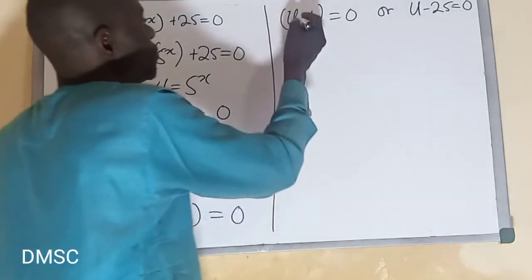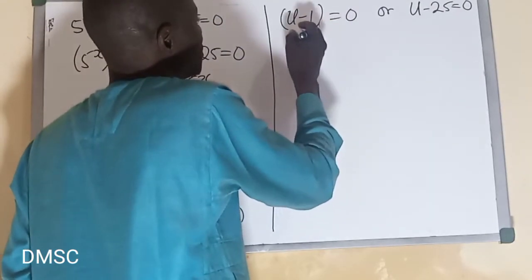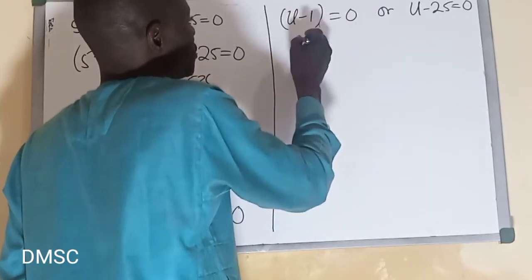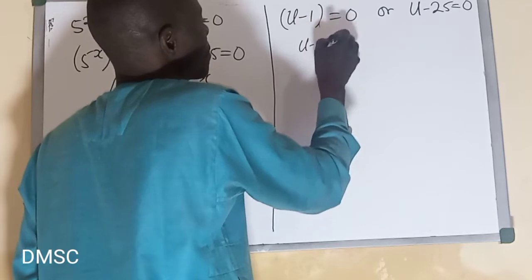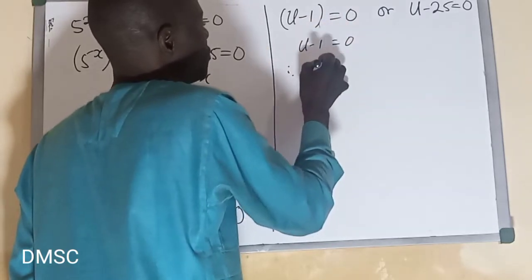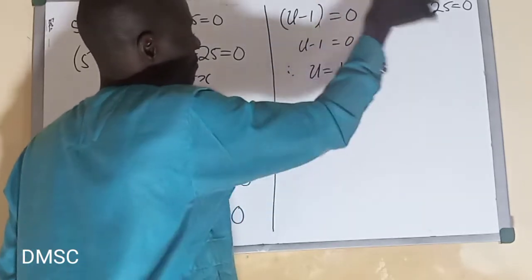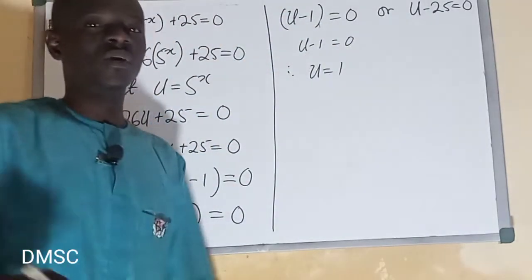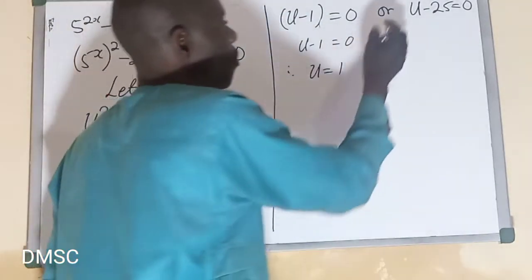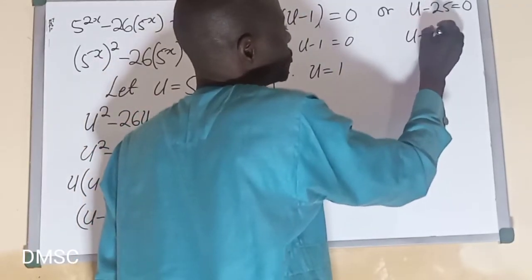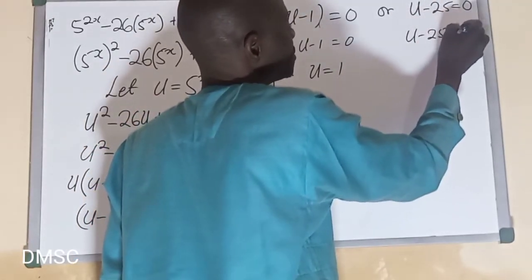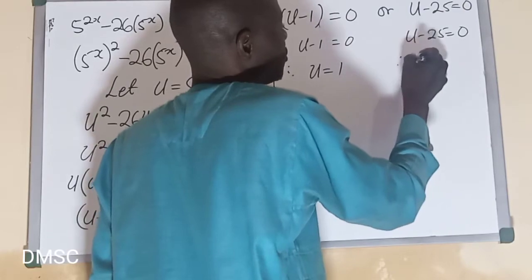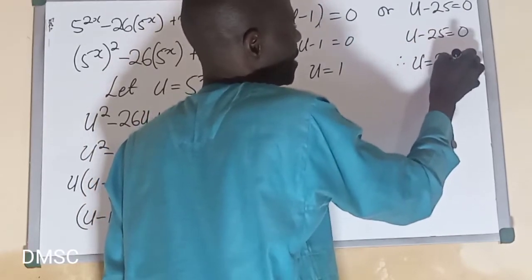So u − 1 = 0, therefore u = 1, because if minus 1 goes to the other side it becomes plus 1. Or u − 25 = 0, therefore u = 25.